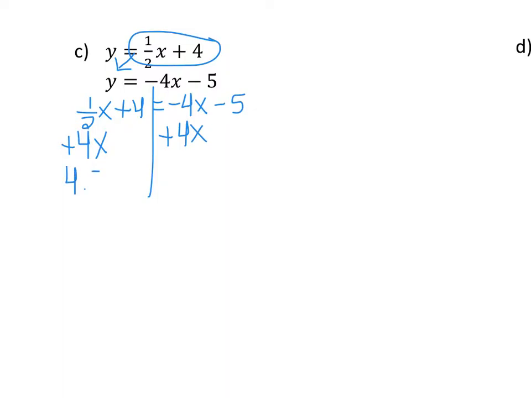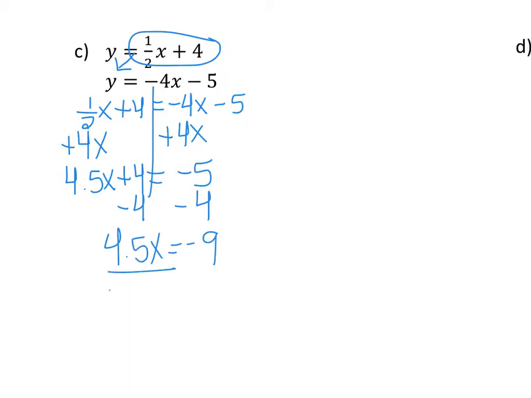I'm going to convert that to a decimal to make life a little simpler. So 4.5x plus 4 equals -5. Subtract 4. 4.5x equals -9. Divide by 4.5. We get x equals -2.